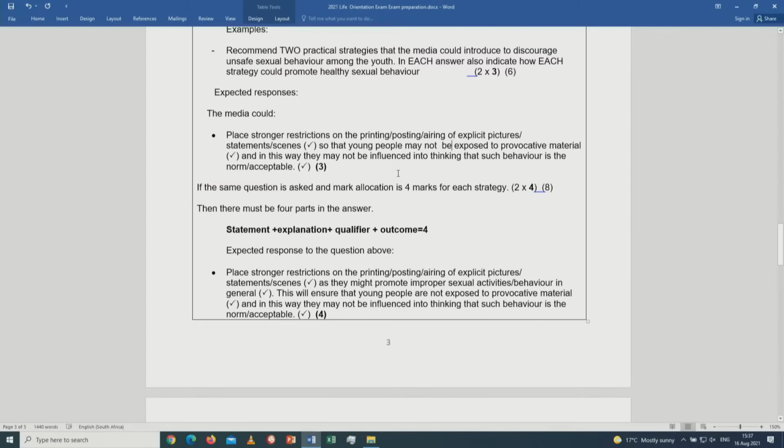Can you see now I'm giving the conclusion or the outcome, the result. This, what I am recommending, because of the reason that I am giving, will bring these results. That's where the third mark is coming from. So there I have my 3 marks. Now I must go on to the second response because I was asked to give 2 responses. The same style.